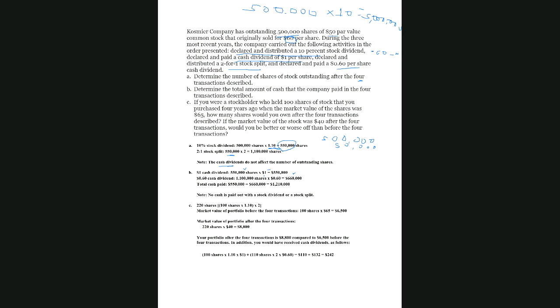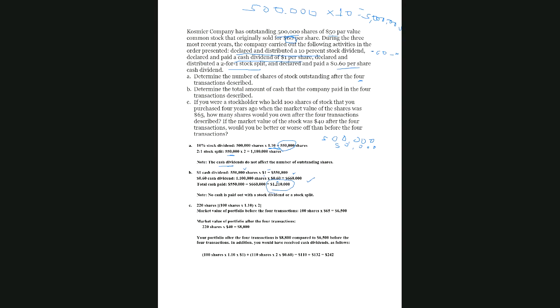Then we had a 2-for-1 stock split, so the number of shares outstanding increased to 1,100,000 shares after the stock split. So we take that 1,100,000 shares, multiply it by the 60 cents, and that gives us a total cash dividend paid of $660,000. That's the second cash dividend. So what was the total amount of cash paid for dividends this year? $1,210,000.